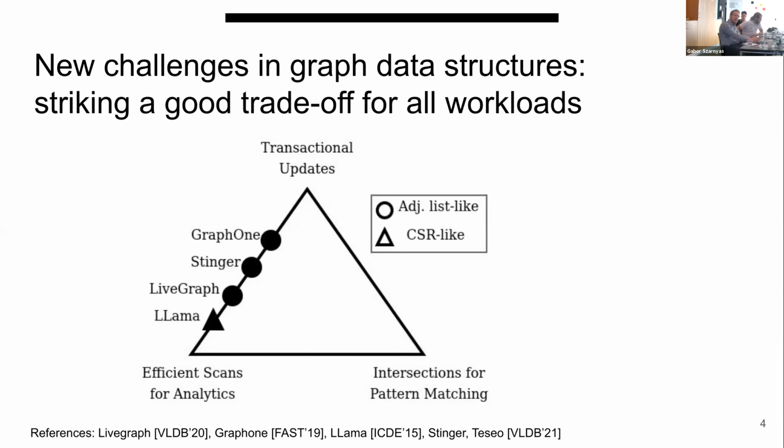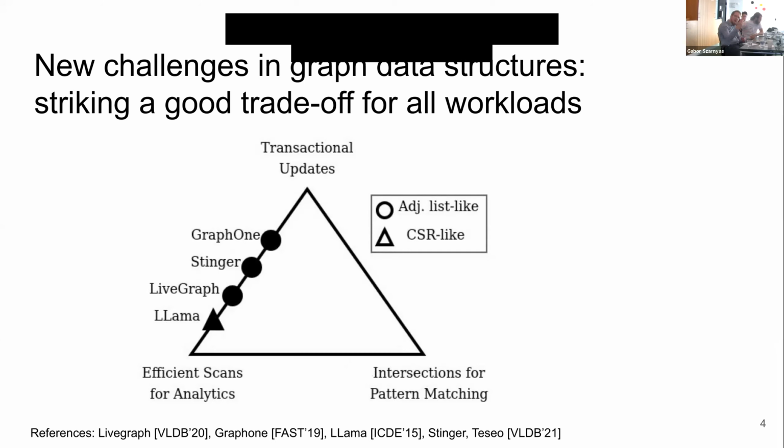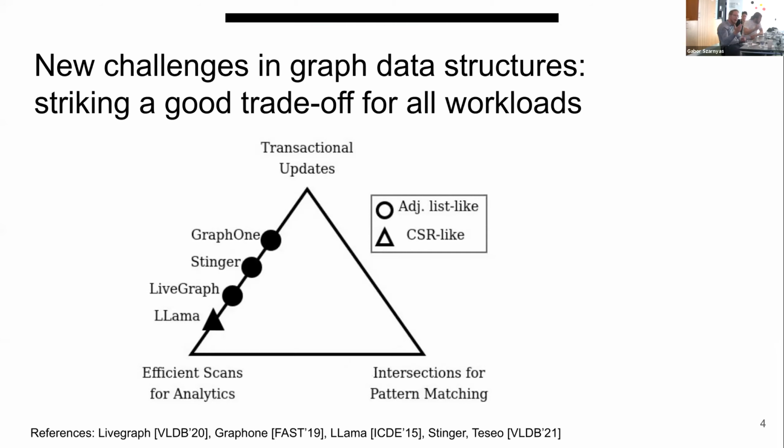That's also what we see in related work. Here we are looking at related work: Graphone, Stinger, LiveGraph, and Llama, and they're all on the left side of the triangle because that's easy to support. Then they have two different designs. They're either adjacency list-like or CSR-like. We only have one CSR-like here, because they're more complex to design.